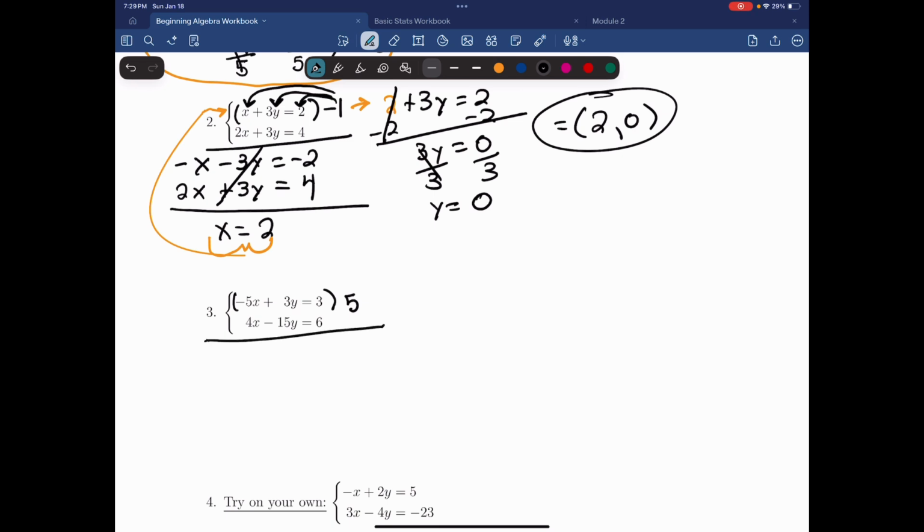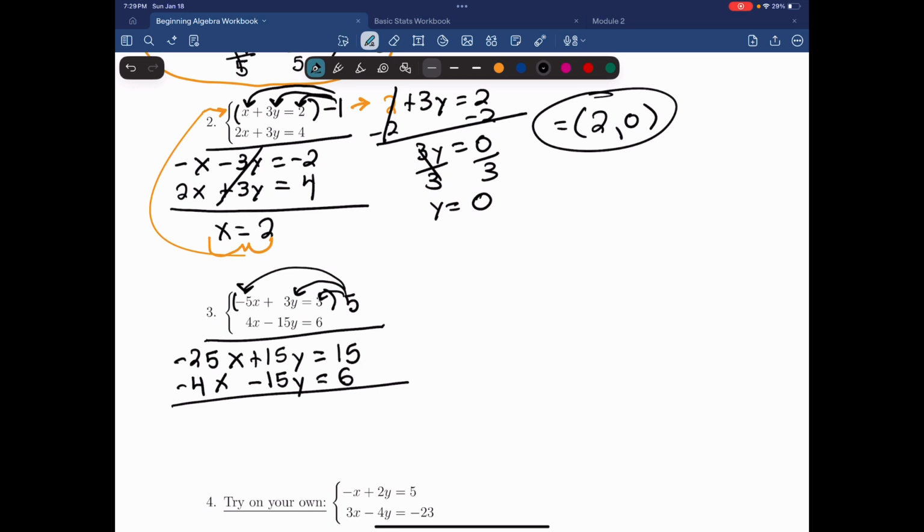So then what we get is -5x times 5 is -25x. And then 5 times 3y is 15y. And then 5 times 3, well, that's also 15. And then looking at the second equation, we're just going to carry it down like it is. So 4x minus 15y equals 6.